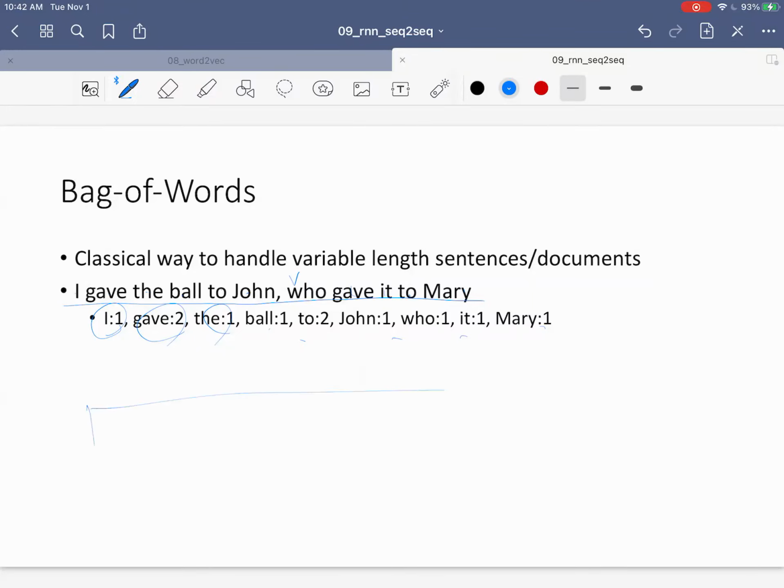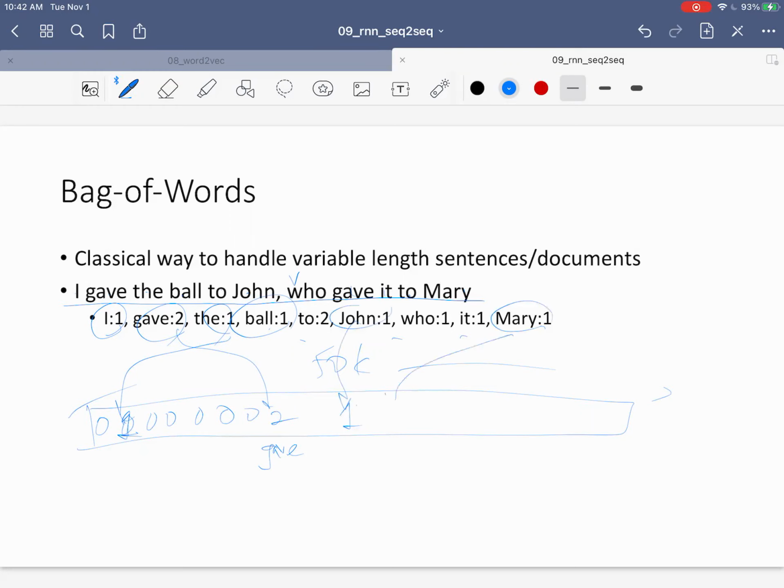So you can think about a 50,000 dimensional vector where almost everything is 0, and then sometimes there's a count, like here it's gave, and ball should be here in the front. John should be here somewhere.